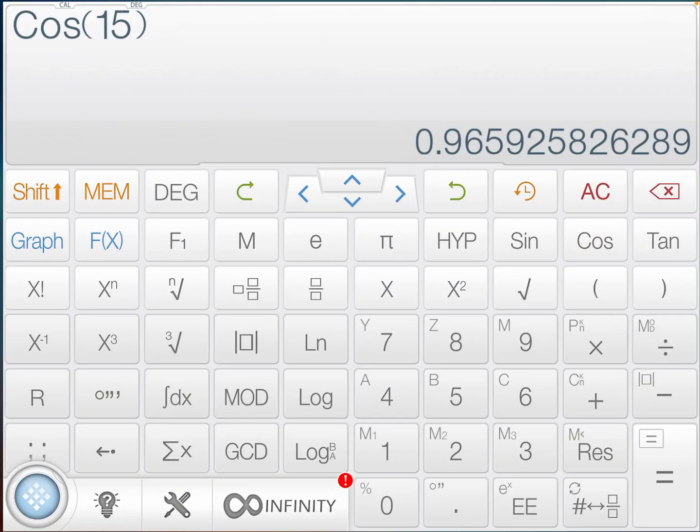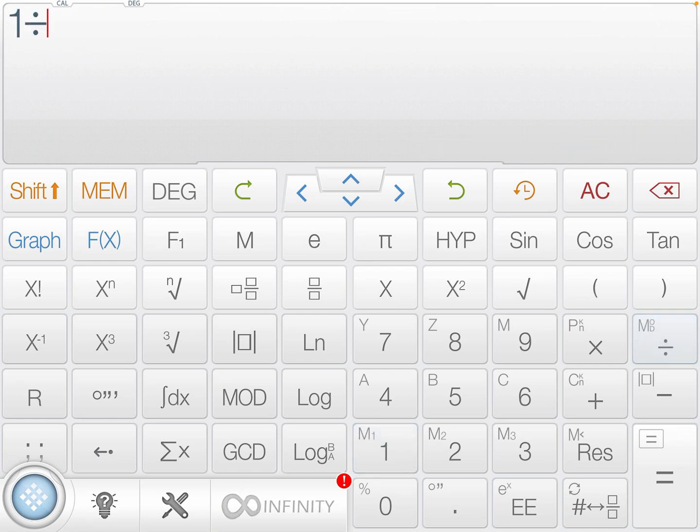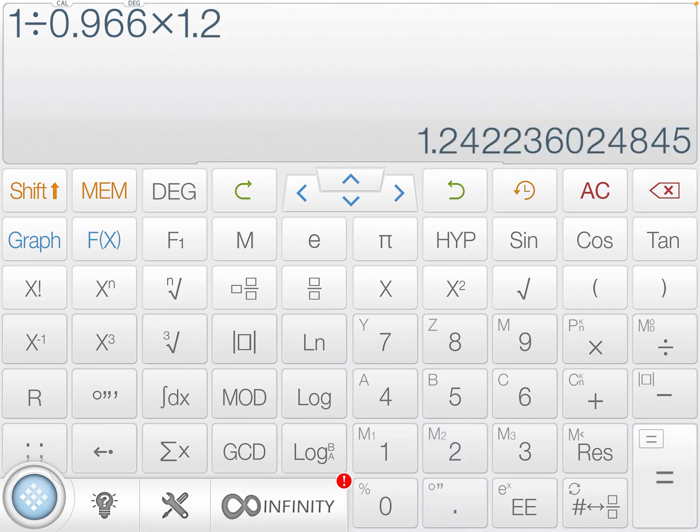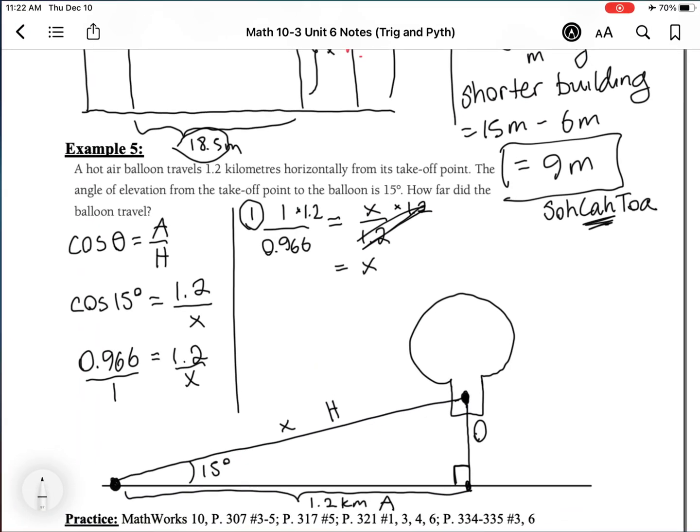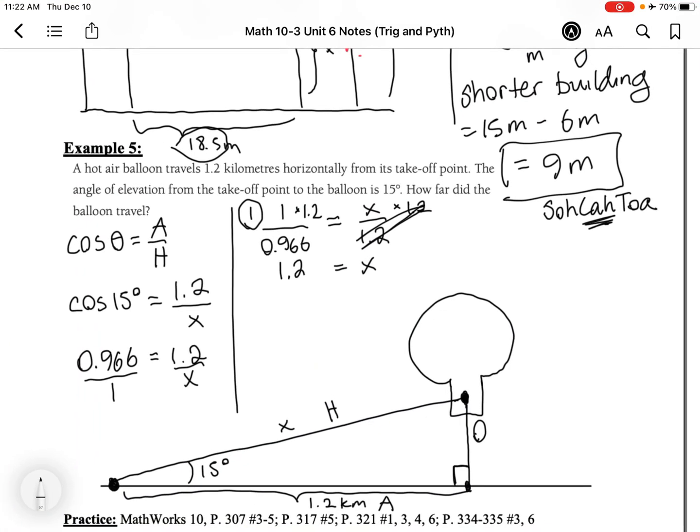So I'll put that in my calculator. 1 divided by 0.966 times 1.2, and we get 1.24 kilometers. So I'll write that out. 1.24 kilometers. Okay, so that's how far it's actually traveled. Okay, so that's one option.